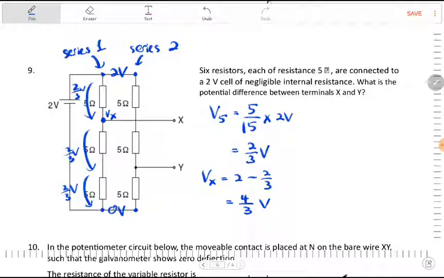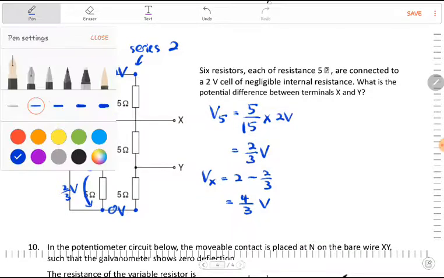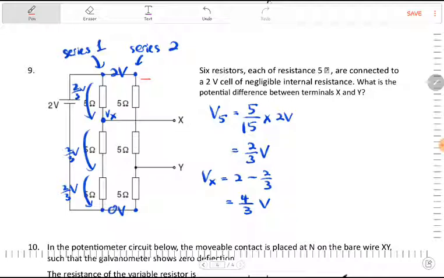If yes, then the same thing can be applied to find the potential at point Y, because point Y has also dropped across the same 5 ohm resistors, but that's 2 times. So 2 times 2/3 volt. Then you should expect it to be 2 minus 2 times 2/3.